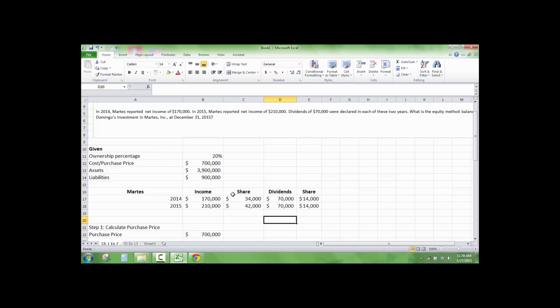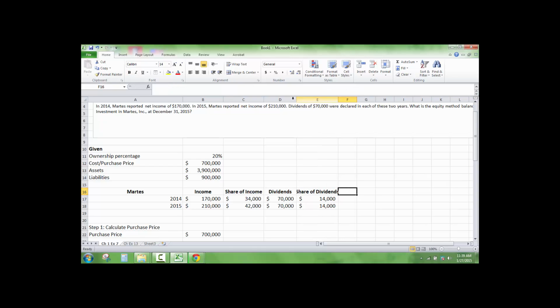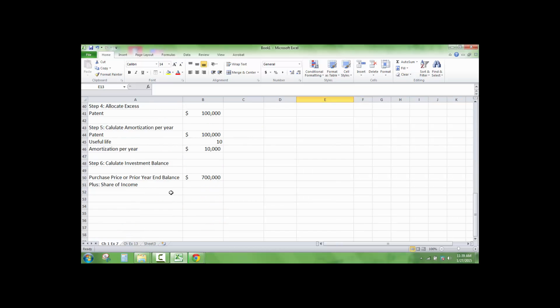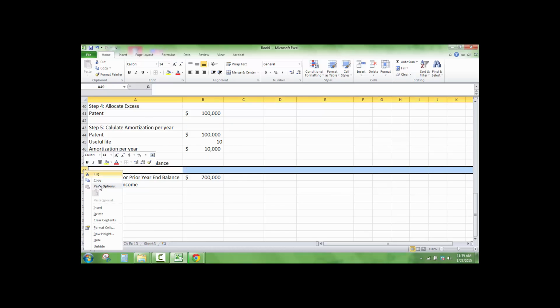Okay, so this is our share of income, share of dividends. So we're going to call this 2014.